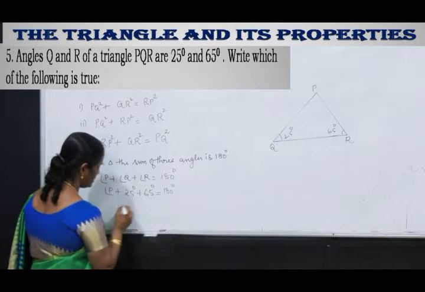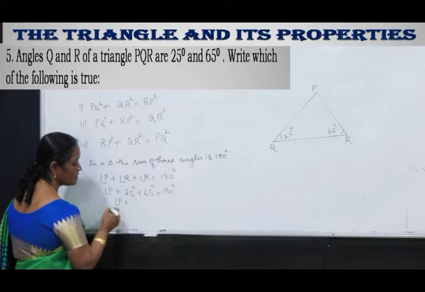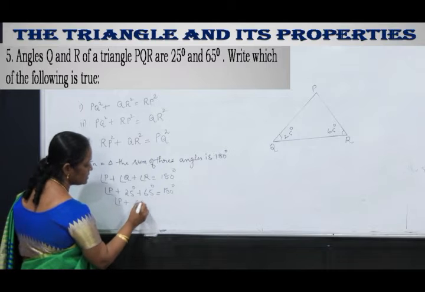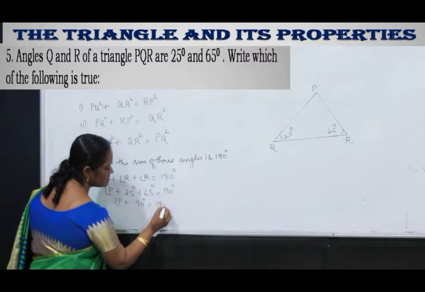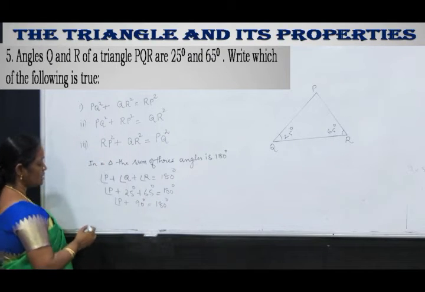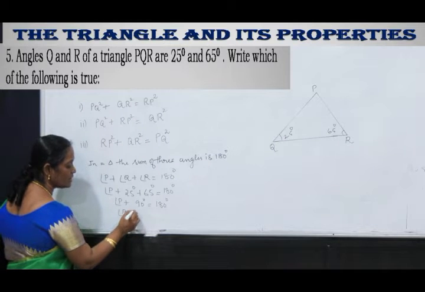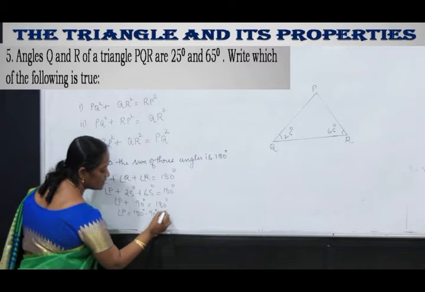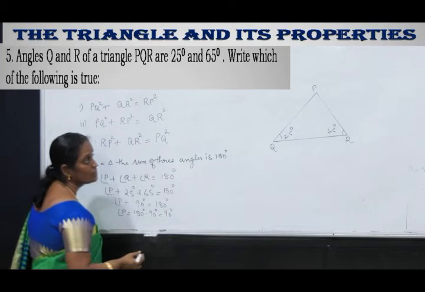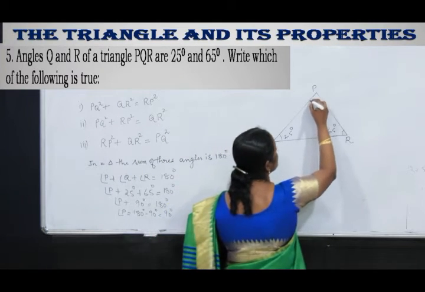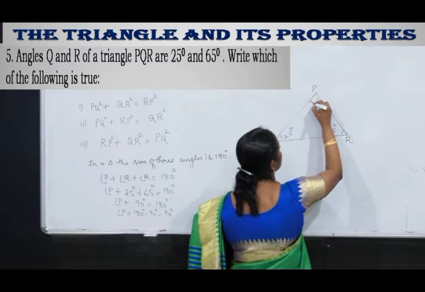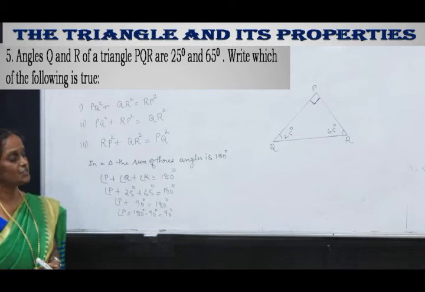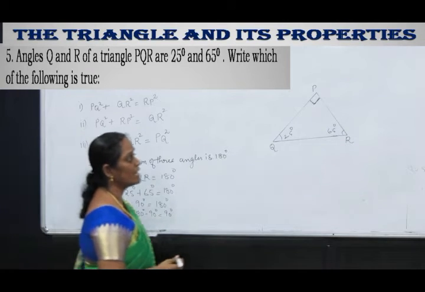So angle P plus 25 plus 65, it is 90 degree, is equal to 180 degree, or angle P is equal to 180 degree minus 90 degree is equal to 90 degree. So here we find that angle P is equal to 90 degree. So here it is a right angle triangle.